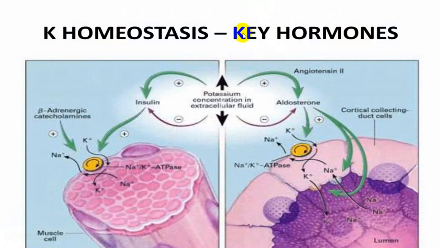And we are aware that there will be an effect on the sodium potassium pump because of insulin, aldosterone, as well as beta adrenergic catecholamines. So do keep it in mind.